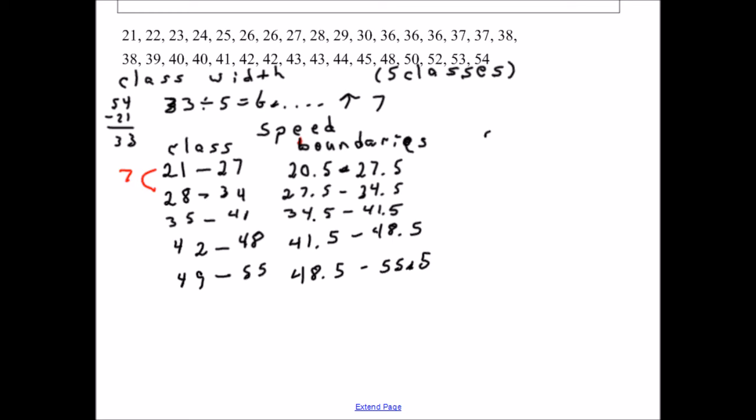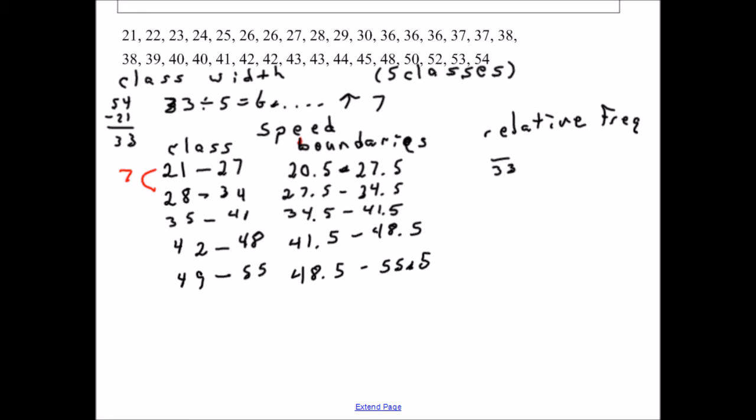My relative frequencies, your relative frequency is just the frequency over the total. This particular data set has 33 values, so everything is out of 33.